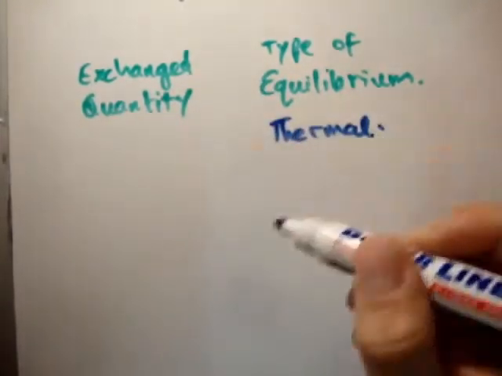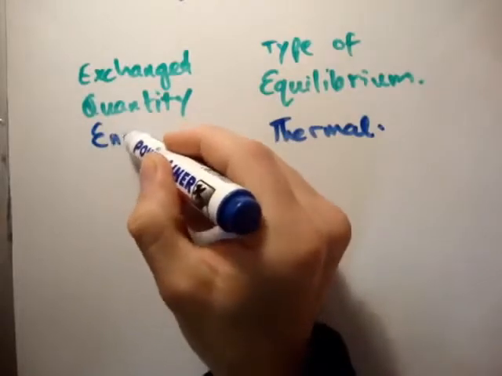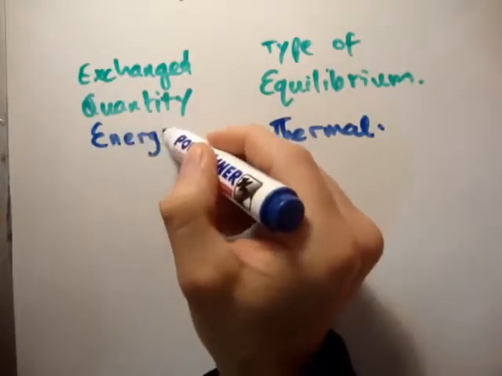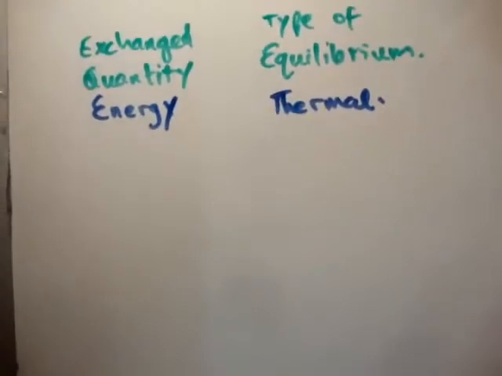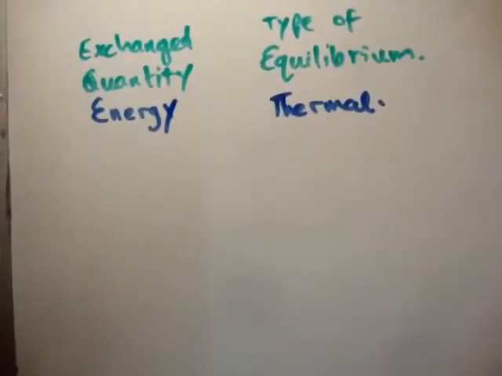And as we'll see in a moment, in order for something to be in thermal equilibrium, the quantity which is exchanged is energy. So there must be an exchange of energy for the two bodies to be in thermal equilibrium. That tells you immediately that there is a link between temperature and energy. And we'll see later that means there's a link between temperature and heat.